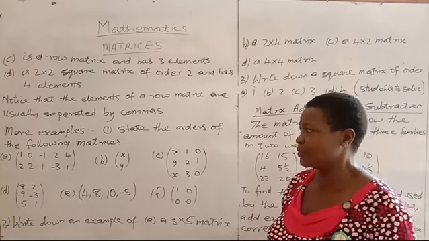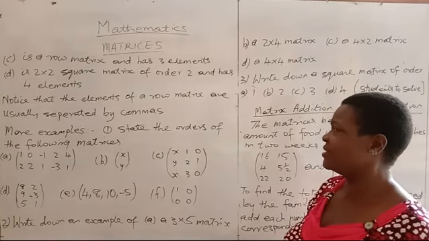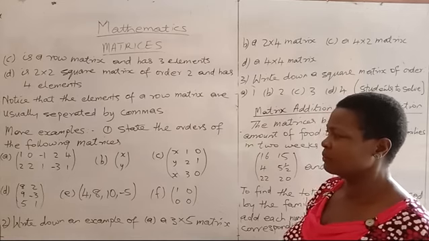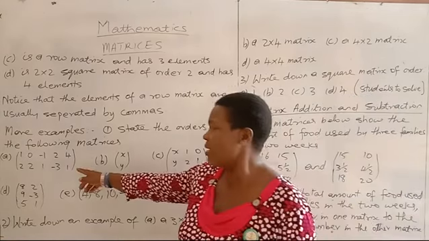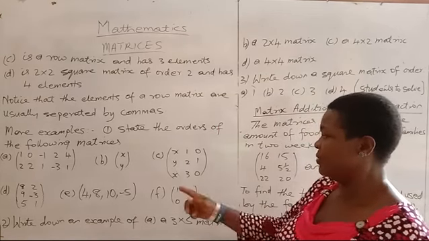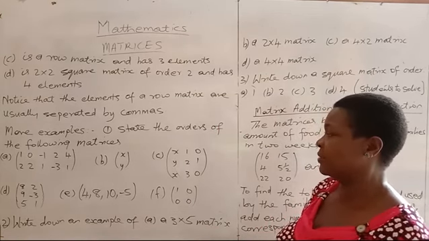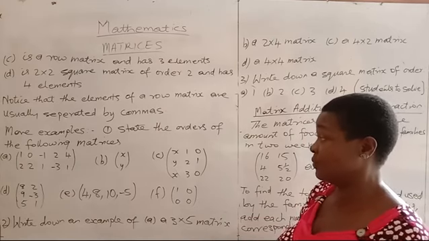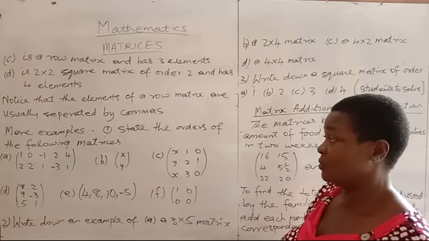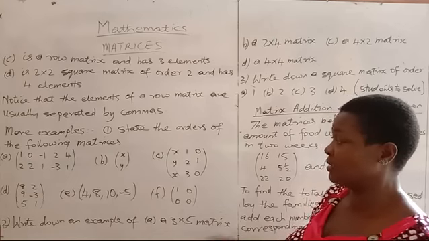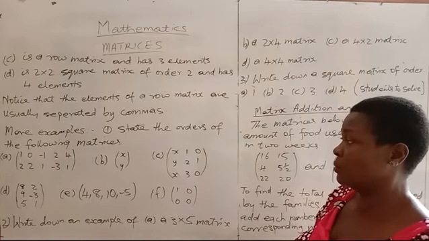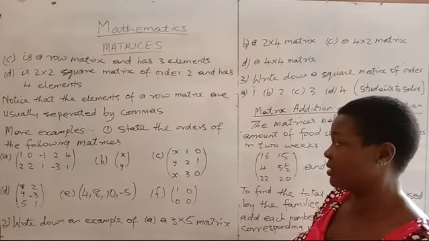More examples. 1. State the orders of the following matrices. This is A. We can observe that it has 2 rows and 5 columns. So that is order 2, a 2 by 5 matrix.